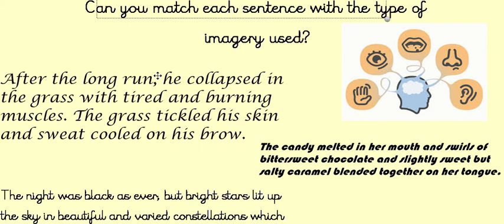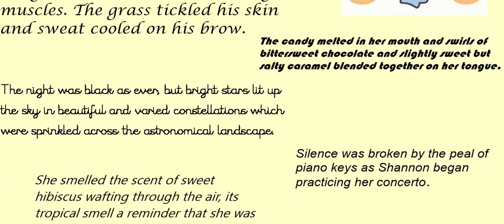Okay, the candy melted in her mouth, and swirls of bittersweet chocolate and slightly sweet but salty caramel blended together on her tongue. Okay, what sort of sense is that all about? Let's have a think. Of course, that one would be taste, because we're tasting it in the mouth.